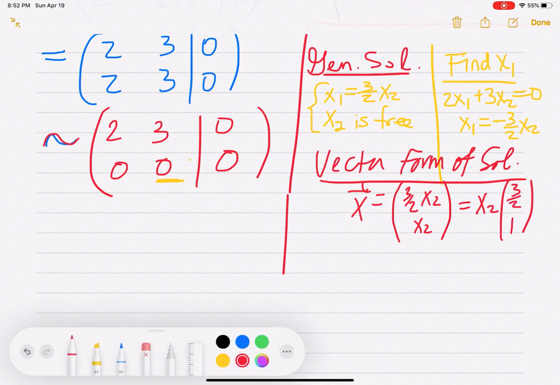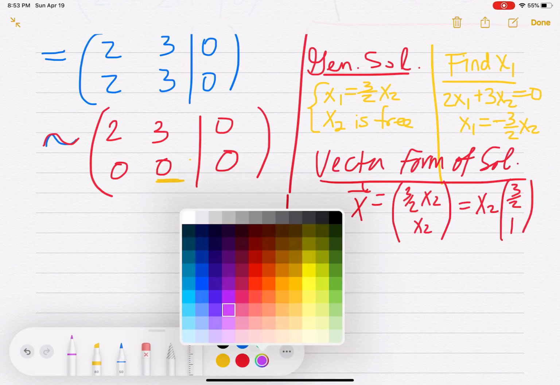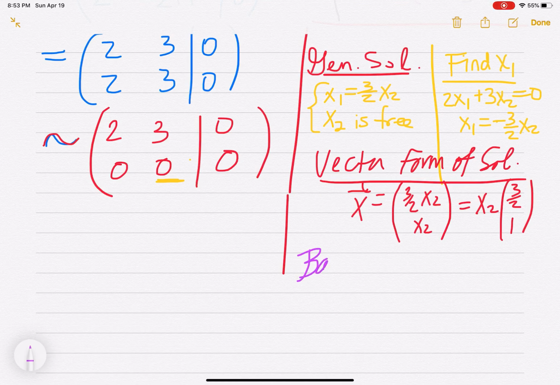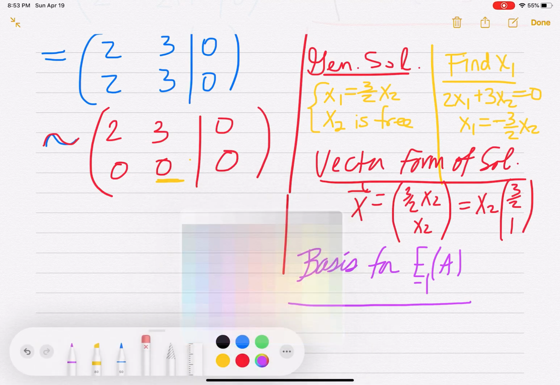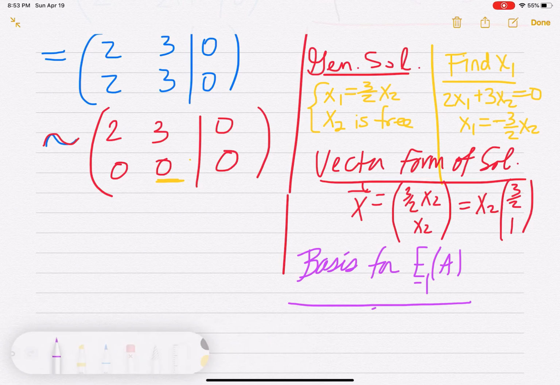So as far as a basis for the eigenspace of A associated with negative 1 as the eigenvalue, I'm going to call this script E. Script E is going to consist of the single vector negative 3/2, 1.